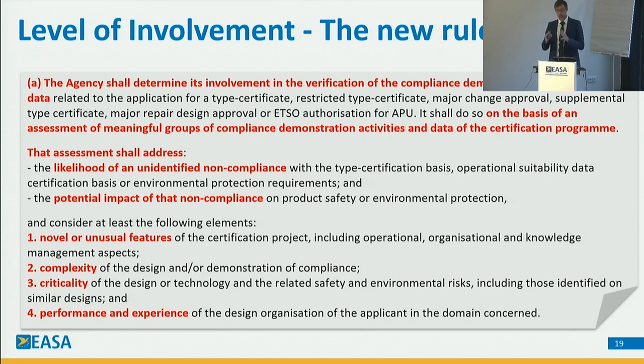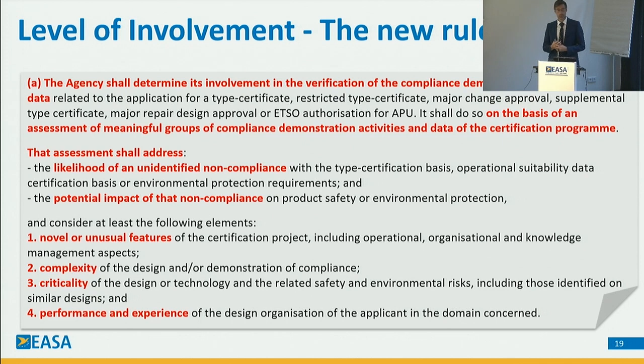That's where part 21 ends when we're talking about level of involvement. That is what you have to comply with, what we have to comply with. Have to make a risk assessment, likelihood of an unidentified non-compliance, impact on safety or environment, and this assessment by using at least these 4 criteria.